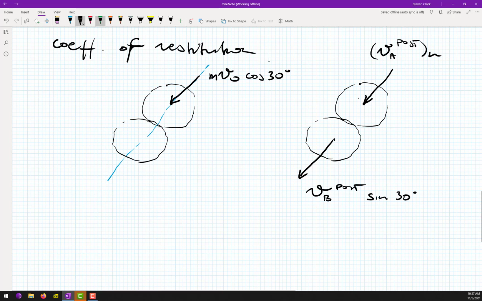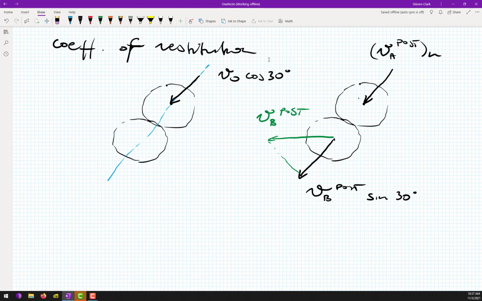What I did, I just took that component of this velocity. So that was our VB post. And by the way, you can erase that M from here. That M is not needed.